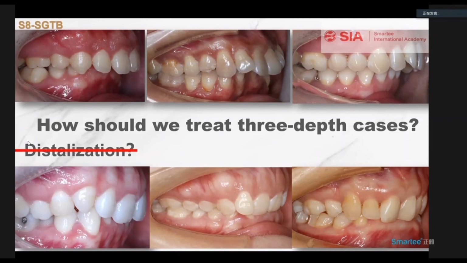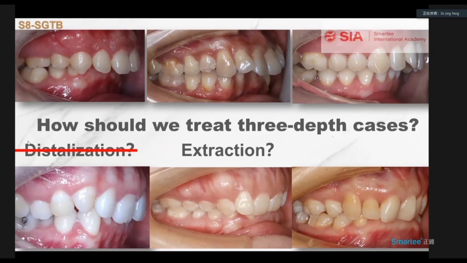And extraction: if you extract in a case of 3-depth malocclusion, it will be very dangerous or risky for you, because we have a lot of second-hand cases. They extracted in cases of 3-depth malocclusion, and they cannot close the space, or they still have the deep overbite or overjet in the patient's mouth.